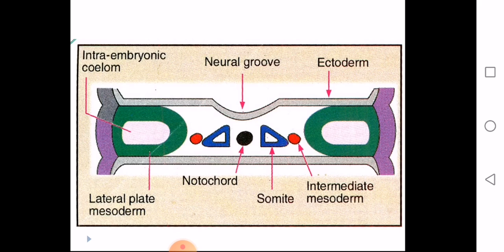You have the ectoderm, the endoderm, and the intraembryonic mesoderm. You can see the notochord, above that the neural groove, which later becomes the neural tube. Now on either side of the notochord, the intraembryonic mesoderm is divided into three parts. What were they? They were the paraxial mesoderm, the intermediate mesoderm, and the lateral plate mesoderm.